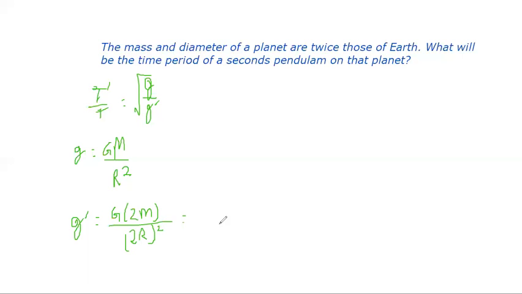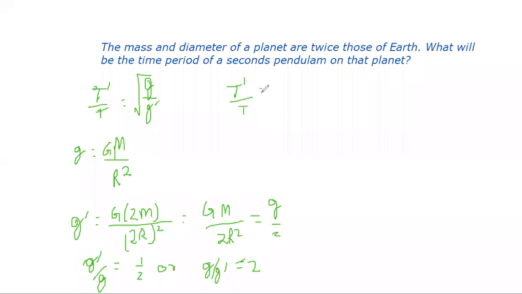So this is equal to GM by 2R square, which means it is equal to g by 2. So g dash by g is equal to 1 by 2, or g by g dash is equal to 2 by 1.